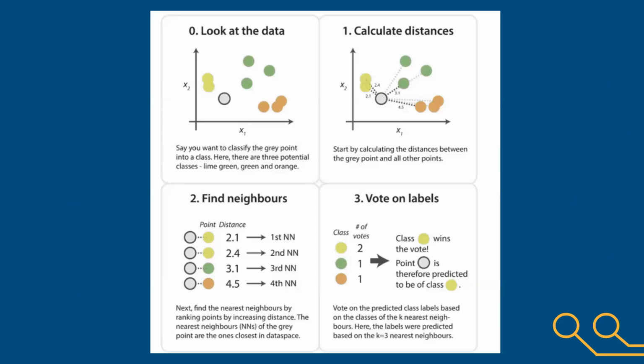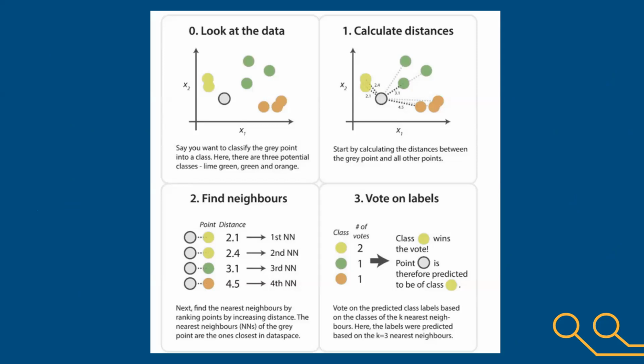Again, this is just a table describing what I just described, as in first putting the data in the same place as pre-trained data, calculating the distances, finding the nearest neighbors, because in reality, when you're doing this with a computer program, you need to look at all of the data points because you don't know which ones are closest by eyeballing it.